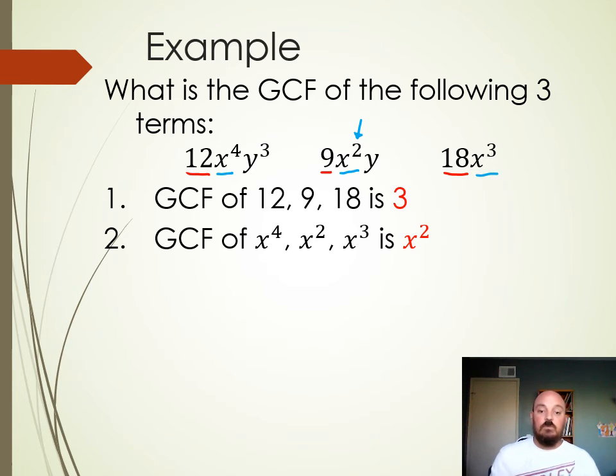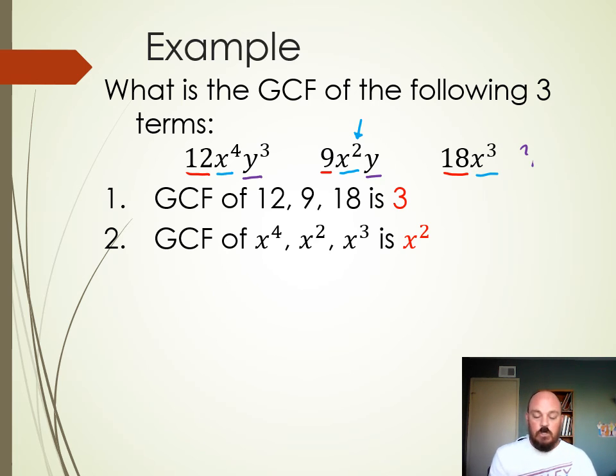Now, the last one is the y's, and this one has a little trick to it. We have a y cubed, we have a y, and then we have nothing over here. There's no y's on the third one. Now, you might look at this and think, okay, I'm just going to take the lowest power of y, which would be y by itself, or y to the first power, and that actually would not be right, because we don't have a y.